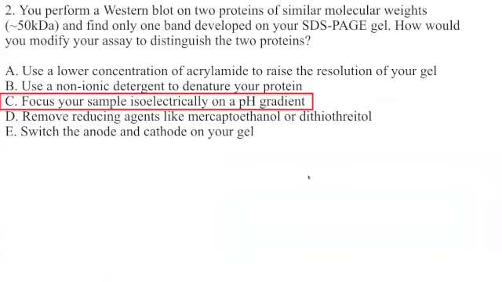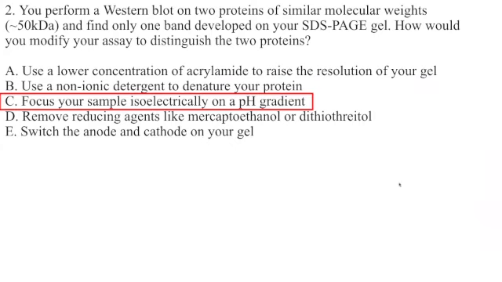Okay, you perform a Western blot on 2 proteins of similar molecular weights, about 50 kilodaltons, and you find only one band developed on your SDS-PAGE gel. How would you modify your assay to distinguish the 2 proteins?